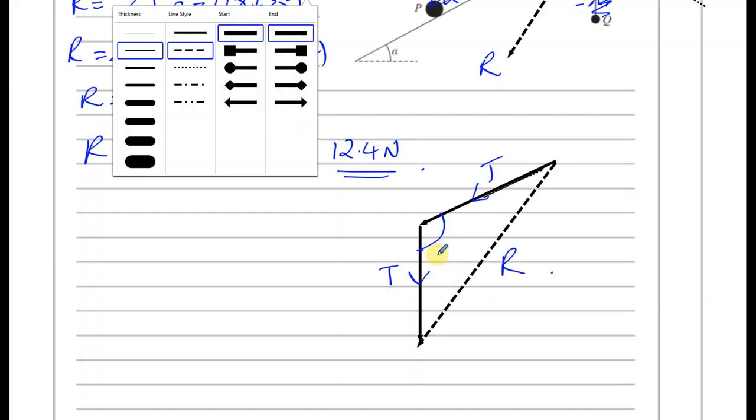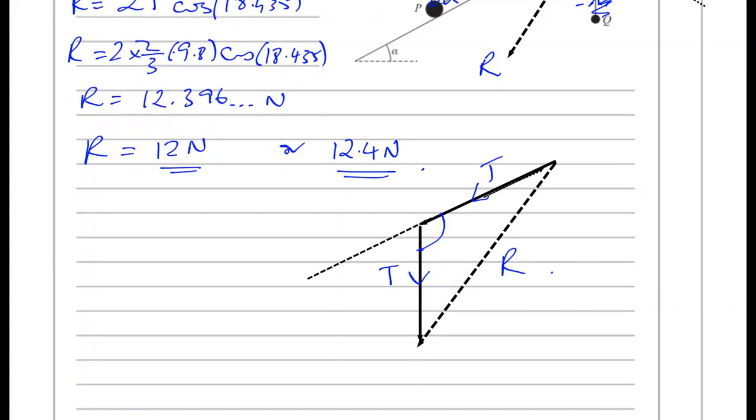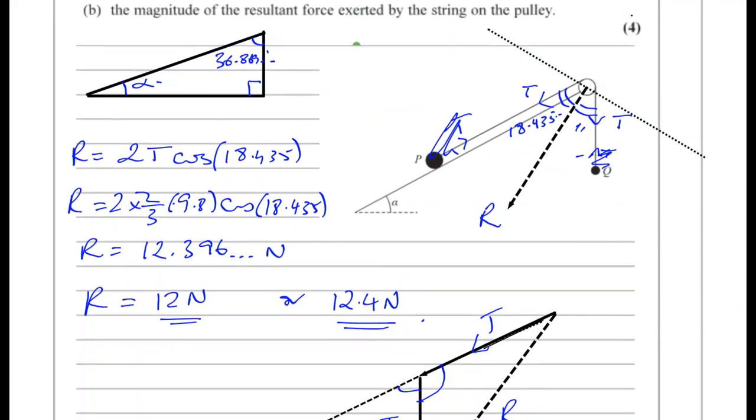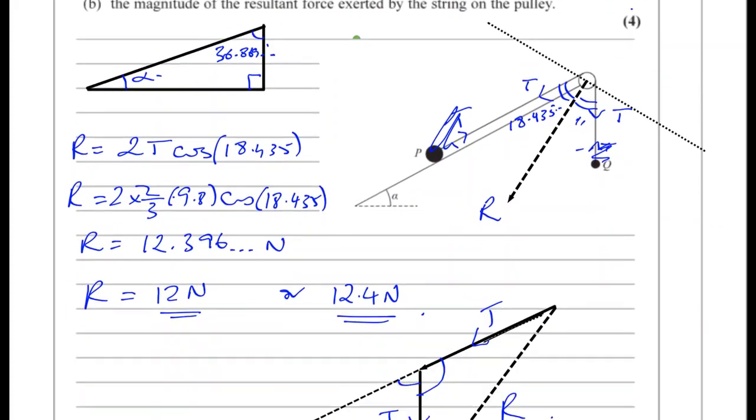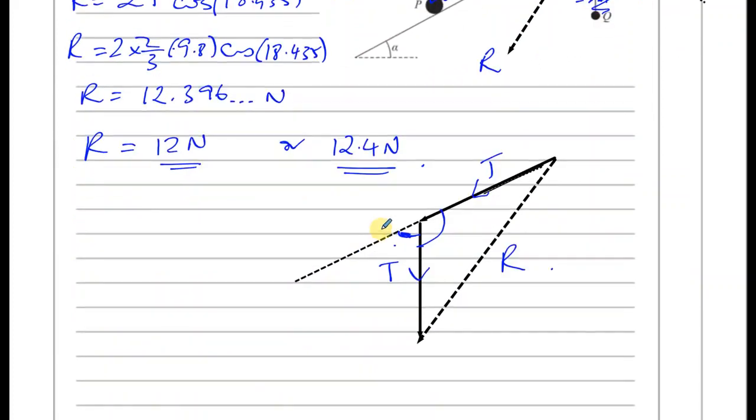If we carry on this line here, that angle here is the same as the angle we found, which was double this 18.435. This angle here is basically 90 minus our alpha, 90 minus 53.1.